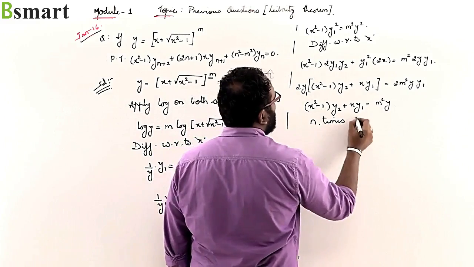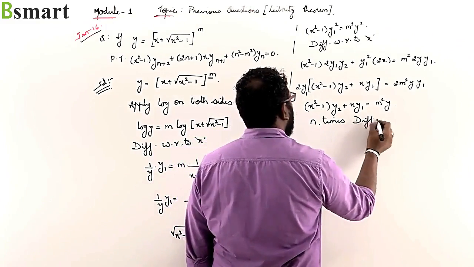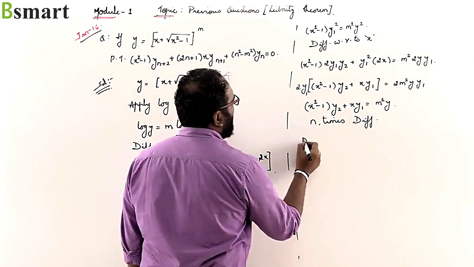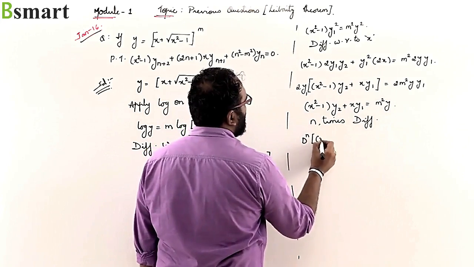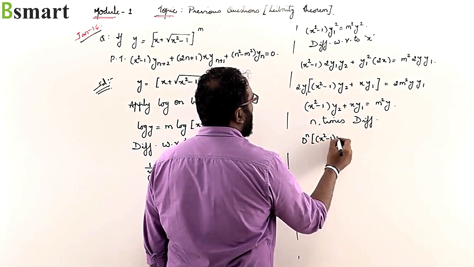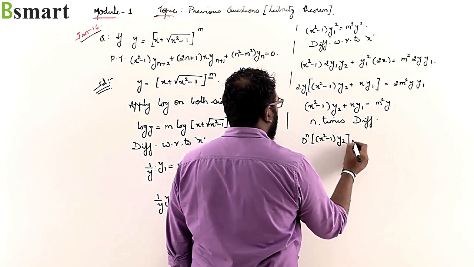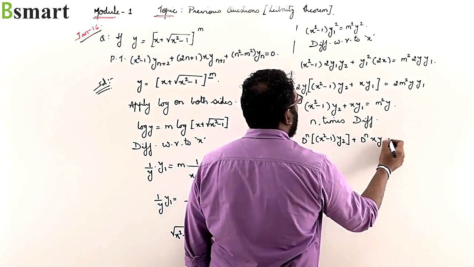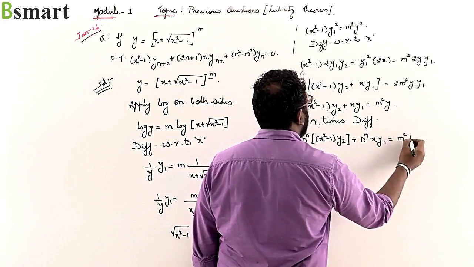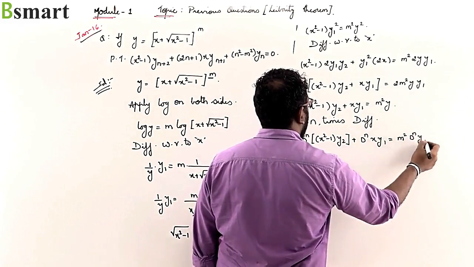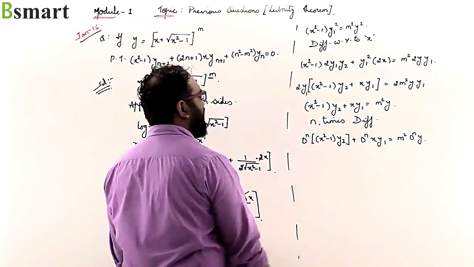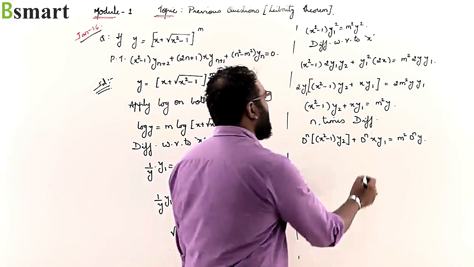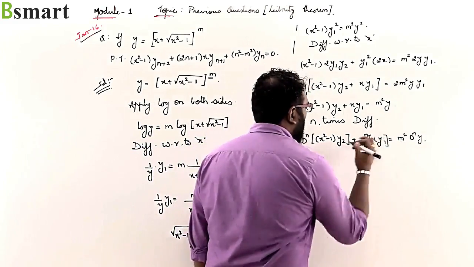So if we differentiate it n times, then that will be d to the power n into x square minus 1 into y2 plus d to the power n into xy1 is equals to m square into d to the power n into y. Now we'll apply the Leibniz theorem as we are having the product of two functions.